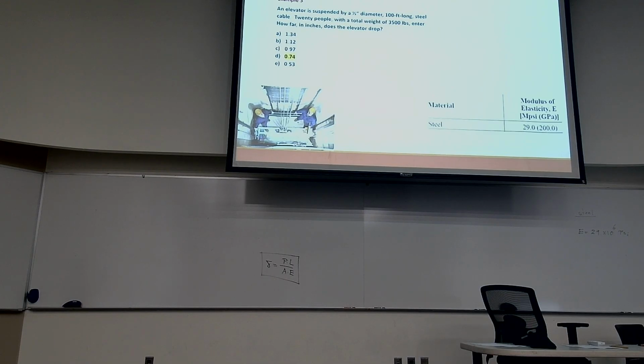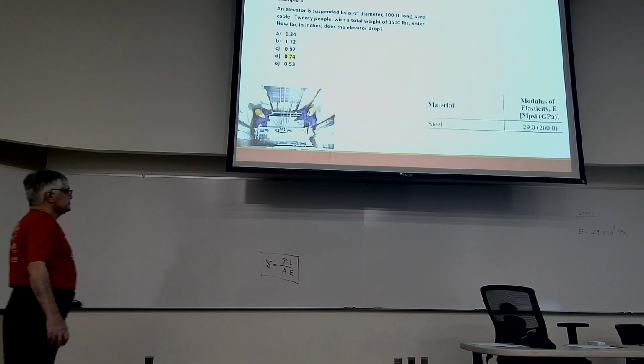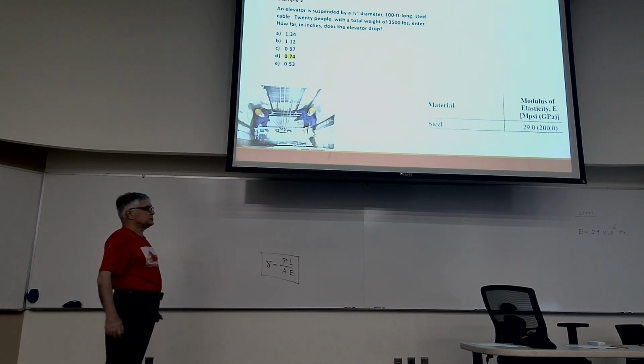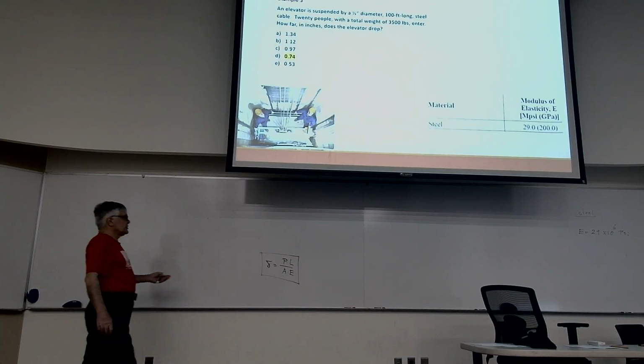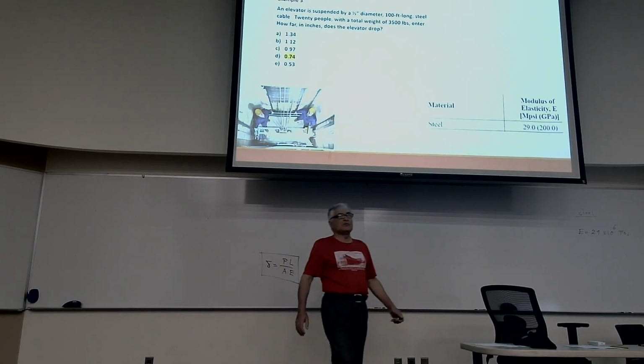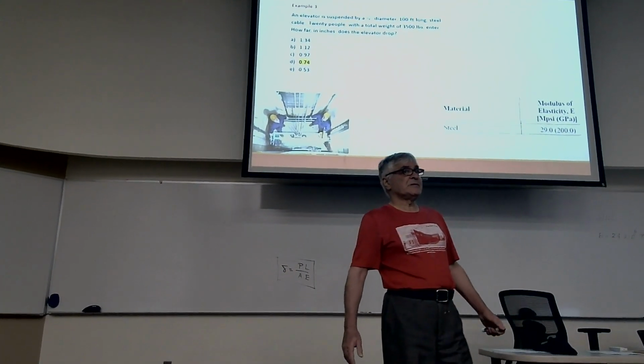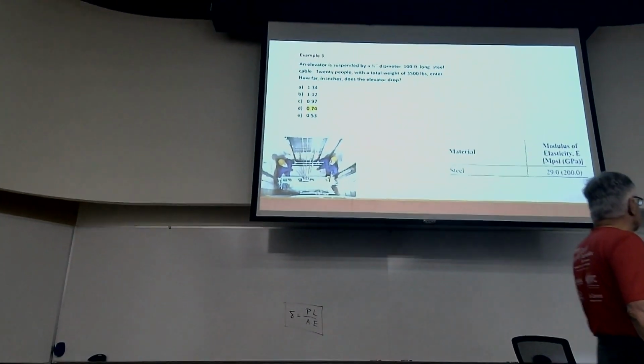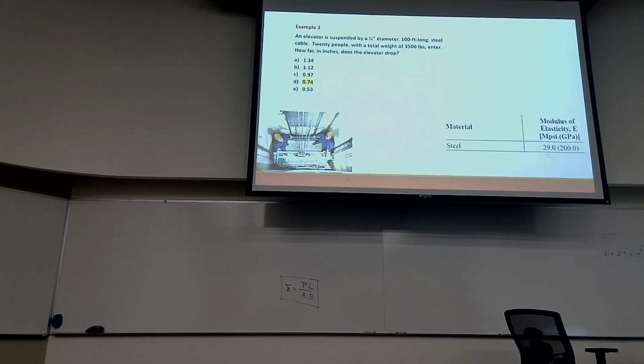Did you get the answer shown here? All you need to do is just plug in the numbers into this equation using inches and not feet. And E is 29 million psi for steel.